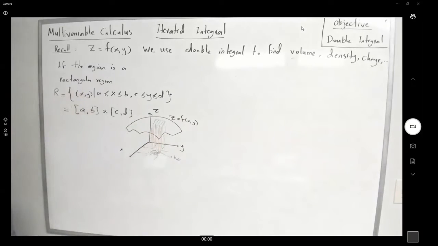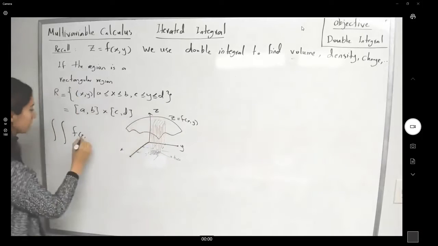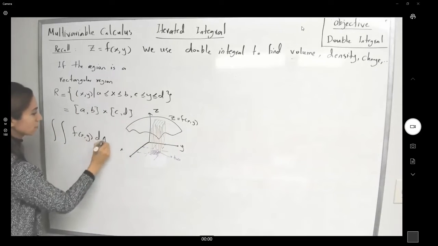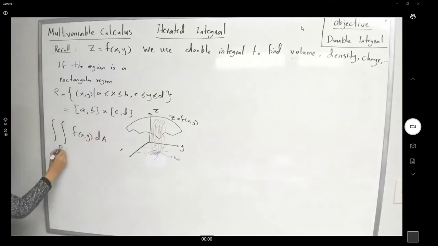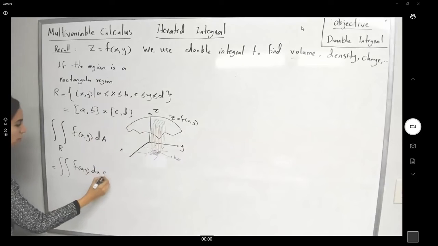And we define our double integral this way. Double integral of the function, it's the height, it stops at the ceiling, dA over region R, which can be defined as the double integral of f of X and Y dx dy.